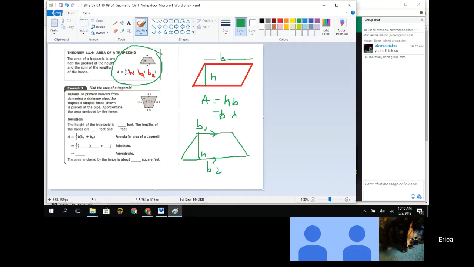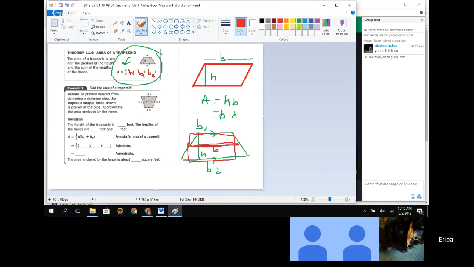The way I like to think about the 1/2 in the formula is that they're basically averaging the length of the bases. The average of base 1 and base 2 is halfway in between those two, so it's kind of normalizing this into a rectangle.